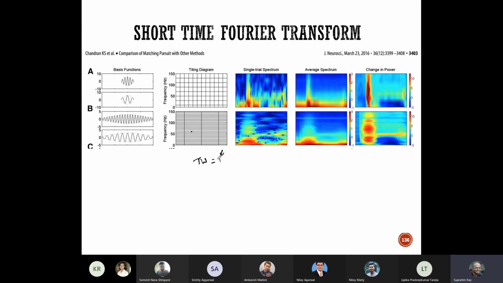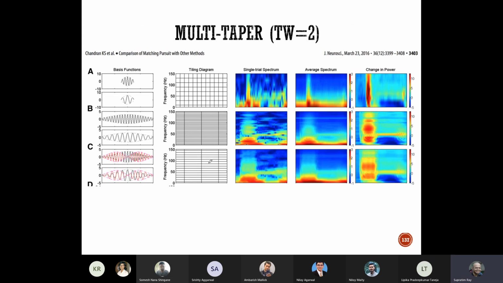So let's say when I say TW is equal to 3, what I have done is that I'm using a width which is 3 times the minimum possible width. Okay, so the filter bank interpretation of multi-taper is actually very elegant. It's that I am making my tile bigger because this allows me to put more basis functions inside the tile.